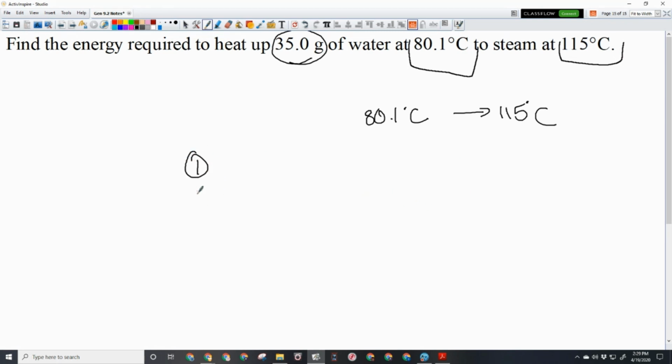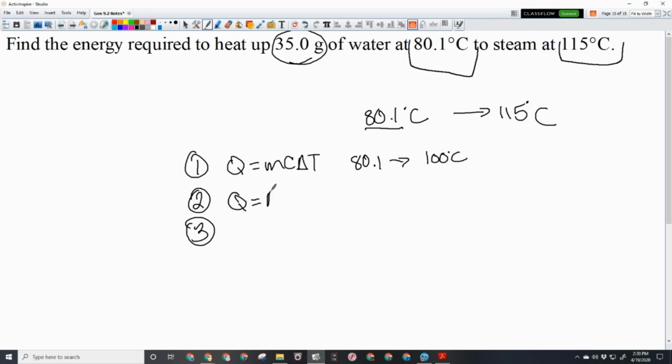So for our first calculation, it's sloping, so we're going to do Q is equal to MC delta T, because there's a temperature change from 80.1 to 100. 100 degrees Celsius is where the phase change happens. And then for the second one, Q is going to be equal to delta H times the amount.